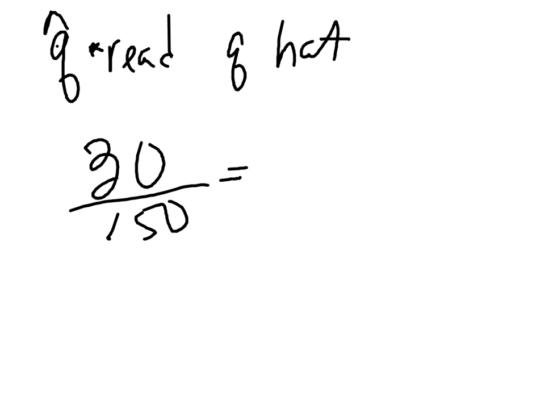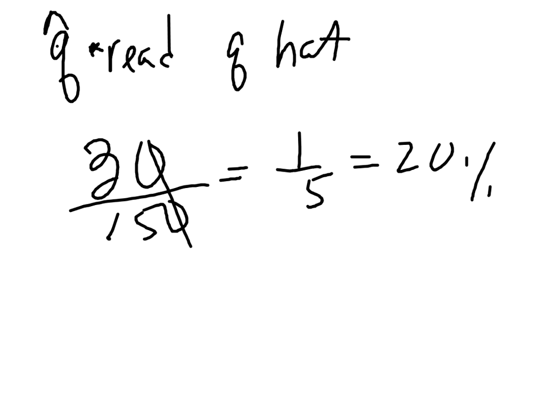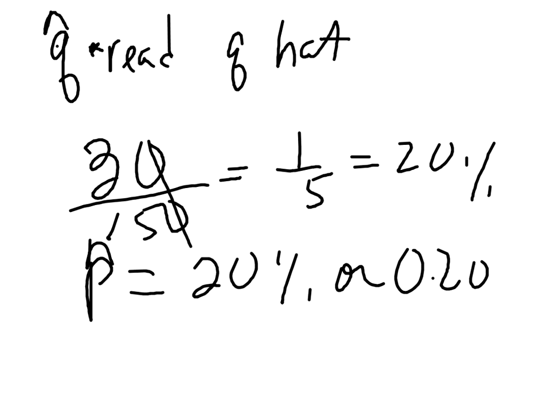Well, this would be the same as 3/15, or 1/5, or 20%. So we would say something like 20% of the students are receiving financial aid. Well, that would be our p hat, 20%, or 0.20.